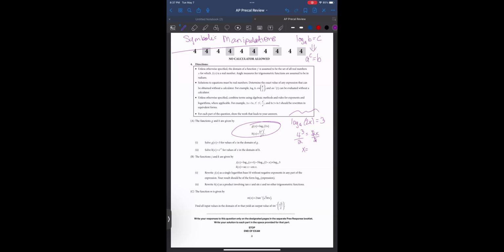So 4 cubed is going to be what? 4 times 4 is 16, 16 times 4 is 64. 64 divided by 2 is 32. There it is.